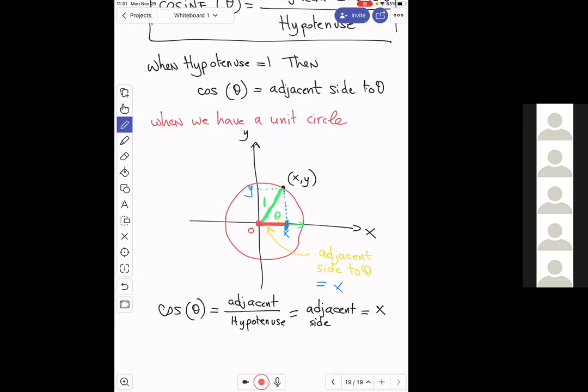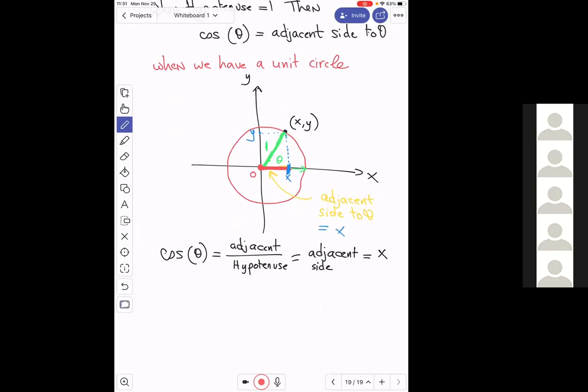And then for the sine of theta, we said it's the opposite side over the hypotenuse. This is a unit circle, so the radius is 1, so the hypotenuse is 1. So it's just the opposite side of the angle theta.